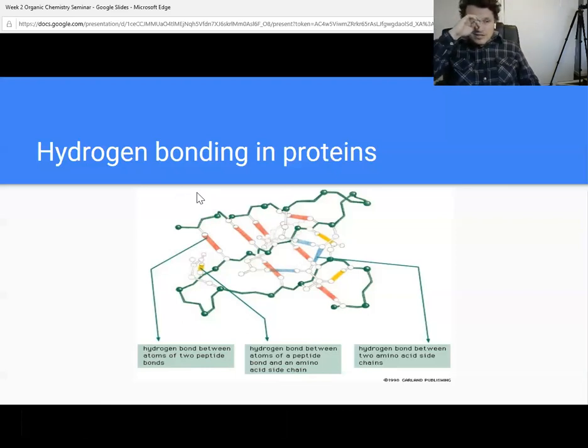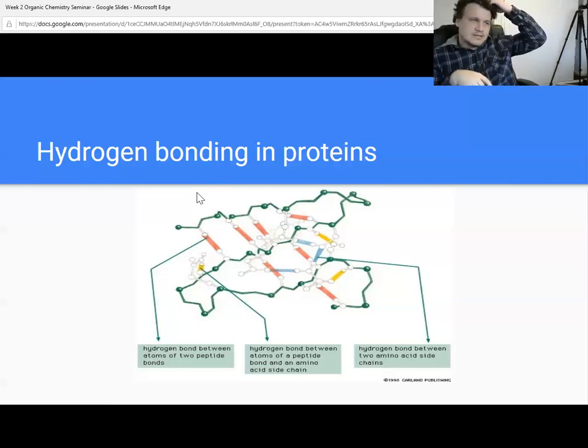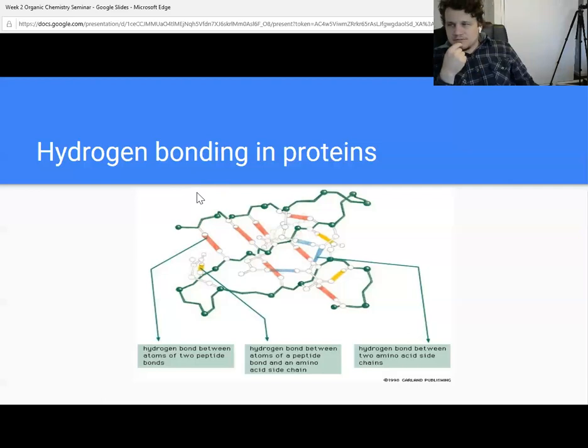So there's bacteria that can live in the thermal pools, Thermophilus, I think is their genus name, and they can survive at 93 degrees. And their proteins are designed so that they maximize the amount of hydrogen bonding that occurs.